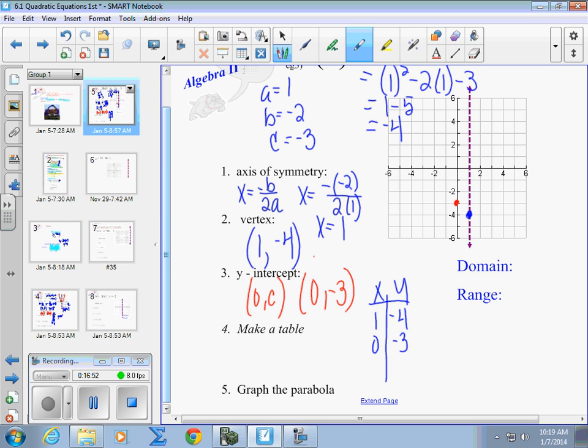We need to choose some more points. Because there is an axis of symmetry, the distance from here to here is the same in the other direction. So that point is 2 and negative 3.